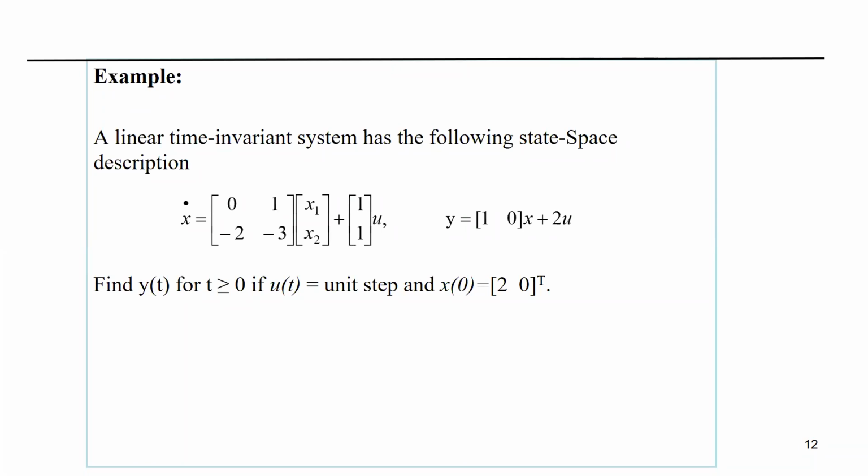So our solution, as we have said, is given by this equation. Now, in order for me to find the solution, I must find what e to the At is. Once I find e to the At, I can apply this formula.